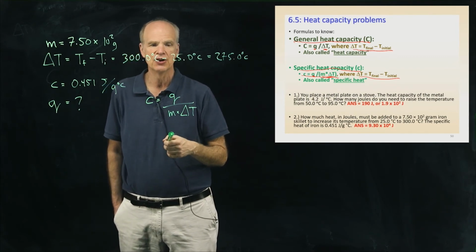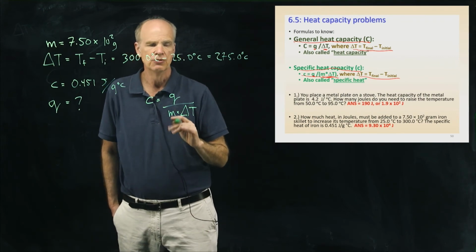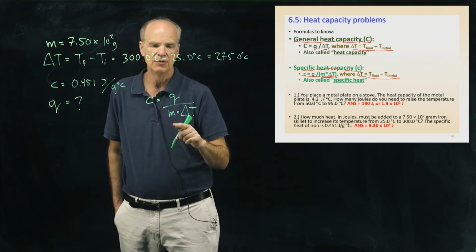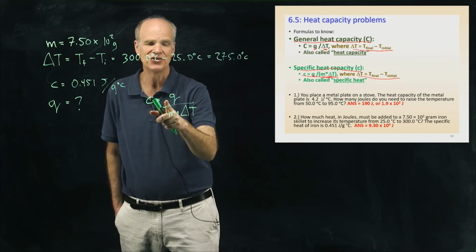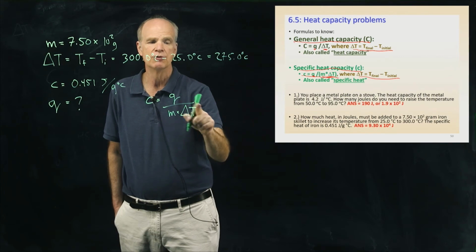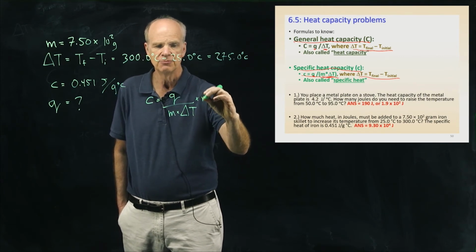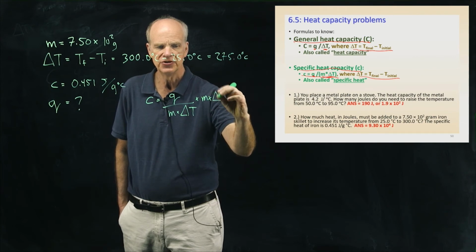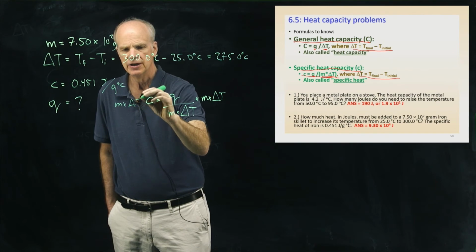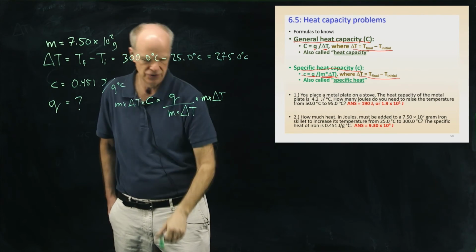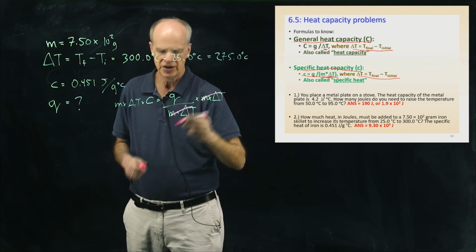Now the tricky part is solving for Q. There are a number of ways you can do that, so let me show you one way. You say to yourself, I need Q to be isolated on this side of the equal sign, so we need to get rid of the M times delta T. What we can do is multiply both sides by M times delta T. Then M times delta T cancels out here.